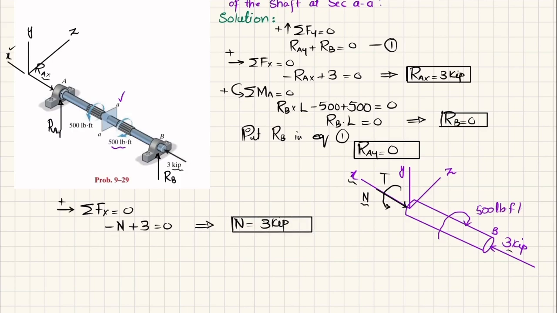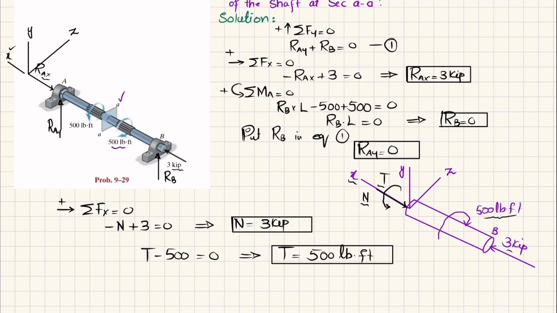You can see that this is counterclockwise torque and this is clockwise torque. So the sum of all torques must be equal to 0. So T minus 500 is equal to 0. So it means that this torque is equal to 500 pounds into feet, in counterclockwise direction, this reaction torque.